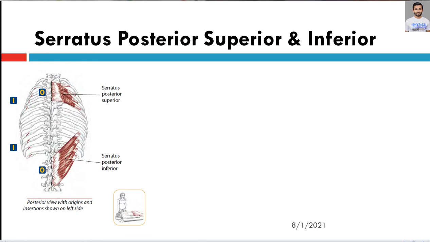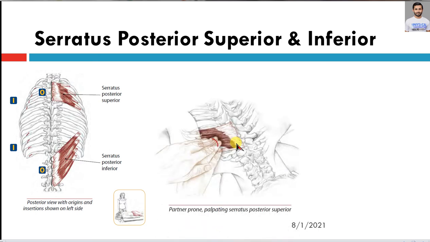Then we have the serratus posterior, superior and inferior. These are deep muscles, so they are a bit difficult to palpate, but with some practice and time, you can still differentiate between the quadratus lumborum and the serratus posterior muscle.